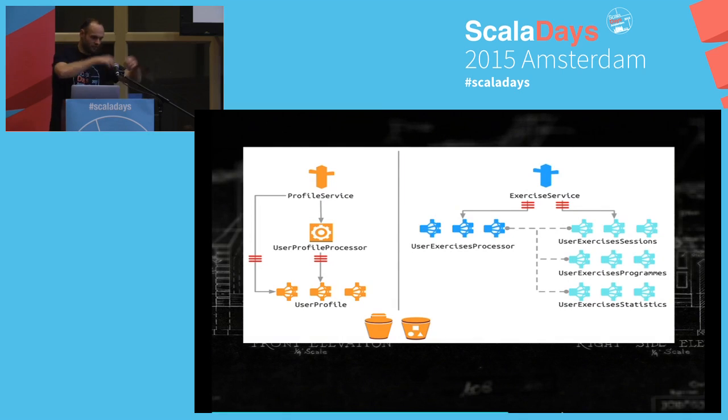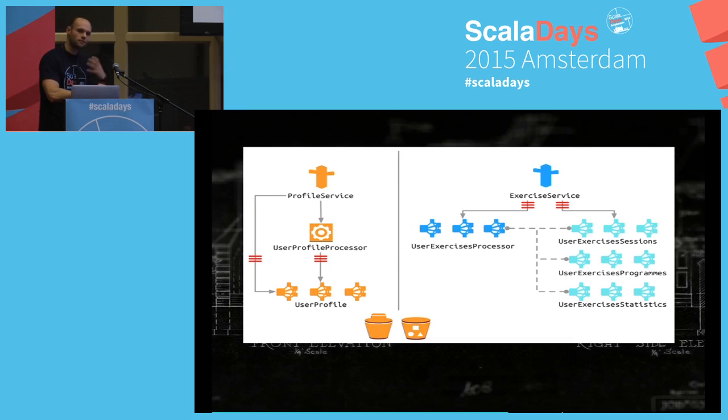So if we peel another layer of the onion, this is usual stuff. I say it in a horrible way. If this is unusual to you, just throw something at me. But a spray service talking to, in the case of user profile, a user profile processor, which is an instance of a persistent actor. We have one per node. So this guy is supposed to do some initial validation.